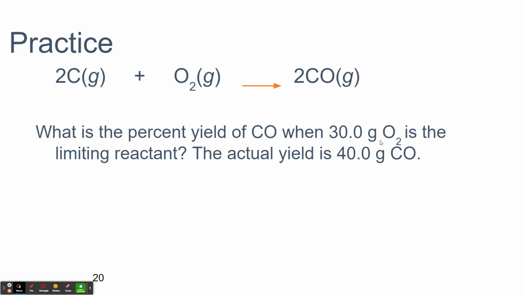So it tells us we don't have to figure out what the limiting reactant is because we know we have 30 grams of oxygen. These problems also have to tell you the actual yield. Unless you're doing the experiment yourself, you need to know how much they got back. So 40 grams is not going to be our given in this place. This is our actual yield, what we actually got back from our experiment.